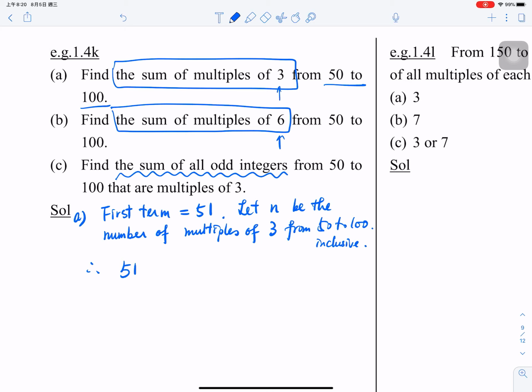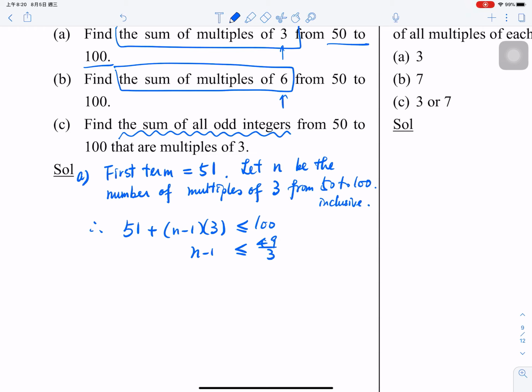So here 51 plus n minus 1 times 3 is smaller than or equal to 100. You can think of it like this. So n minus 1 is smaller than or equal to 49 over 3. So n is smaller than or equal to this one. That means there are 17 terms.